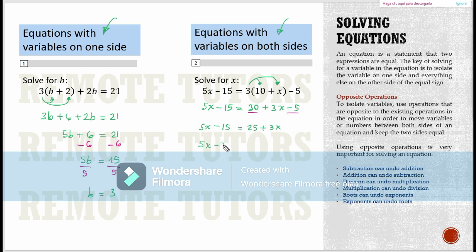So we get 5x minus 3x is equal to 25 plus 15, so 2x equals 40, and at last we divide by 2, so the value of x is 20.